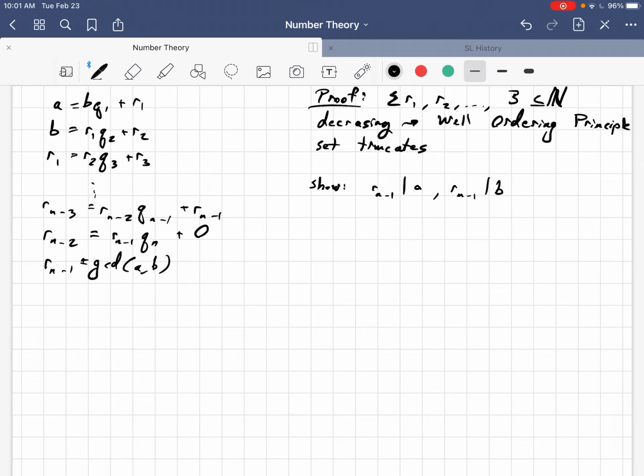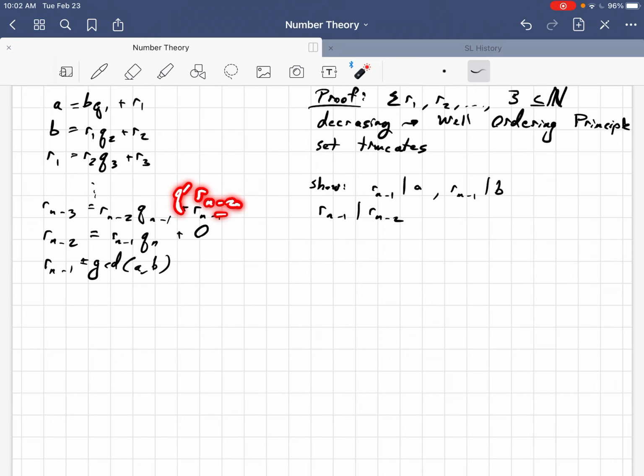I know from this equation right here, by the definition of divisibility, that R sub n minus 1 divides R sub n minus 2. But then if R sub n minus 1 divides R sub n minus 2, and if I look at this here, I could replace this R sub n minus 1 with, say, Q prime R sub n minus 2.